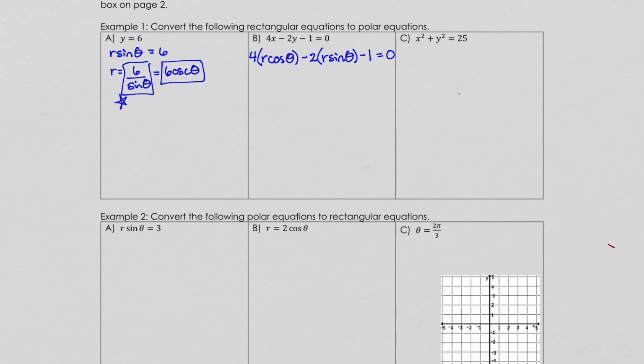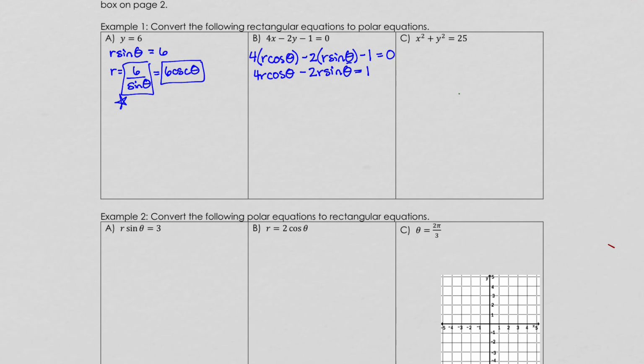I end up with 4r cosine theta minus 2r sine theta minus 1 equals 0. Actually, let's move that 1 to the other side. So let's have it equal positive 1.